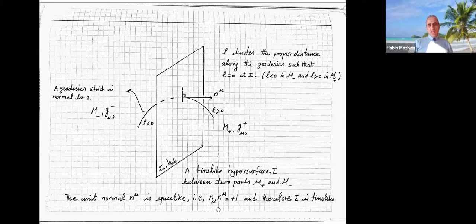And of course, as I already said, n^mu is a unit vector, which is space-like to make our surface time-like. But this can also be considered for the other two cases: the surface can be null or space-like. When the surface is null, n^mu n_mu is 0, and if the surface is space-like, n^mu n_mu is -1. But those are not considered in this lecture.